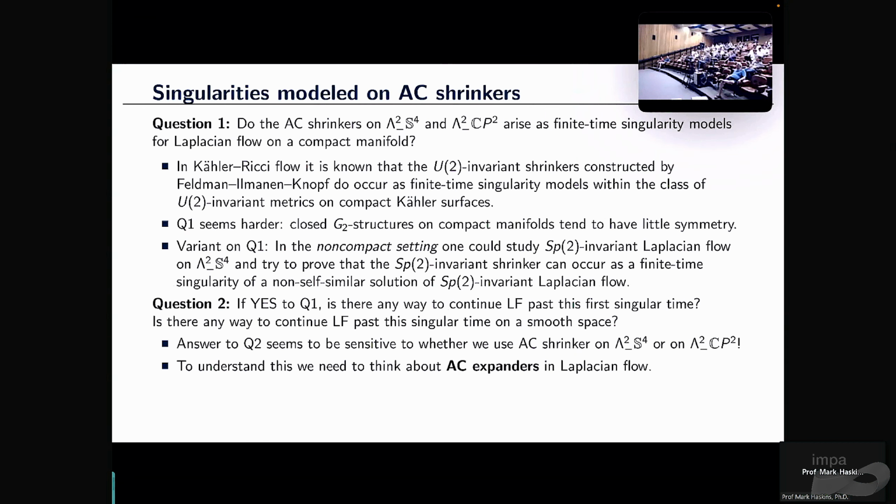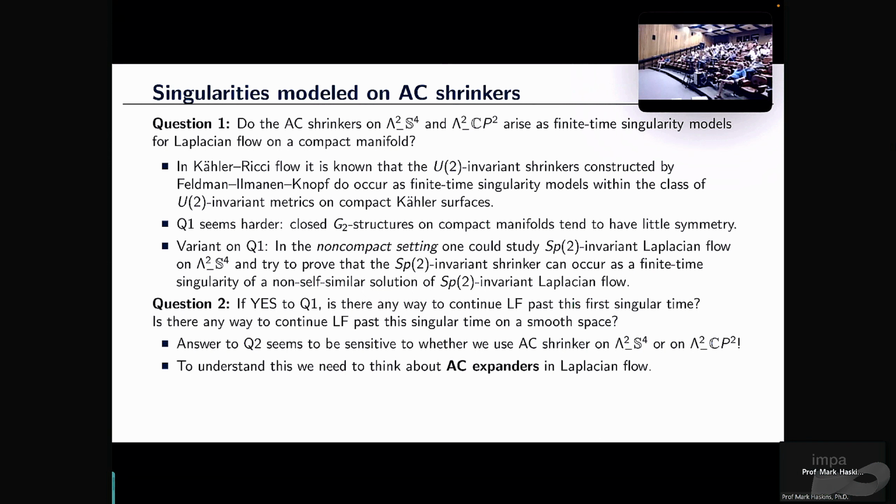But if the answer to this question is yes, then this raises a pressing question. Is there a way to continue Laplacian flow past this first singular time? And is there a way to make it continue past this singular time on a smooth space, or are you forced to perhaps consider flowing G2 structures that have some sort of conical singularity?